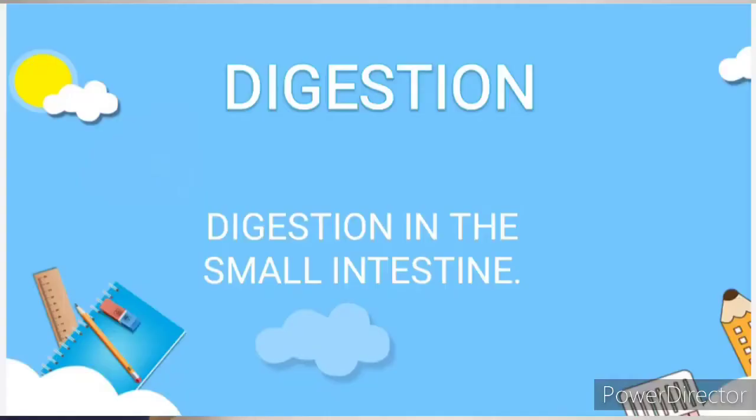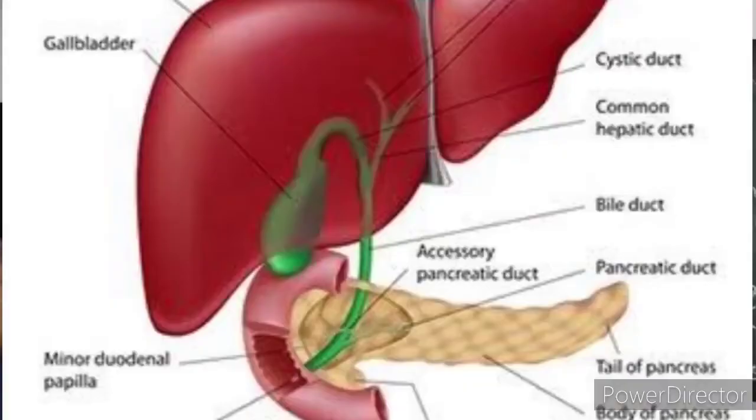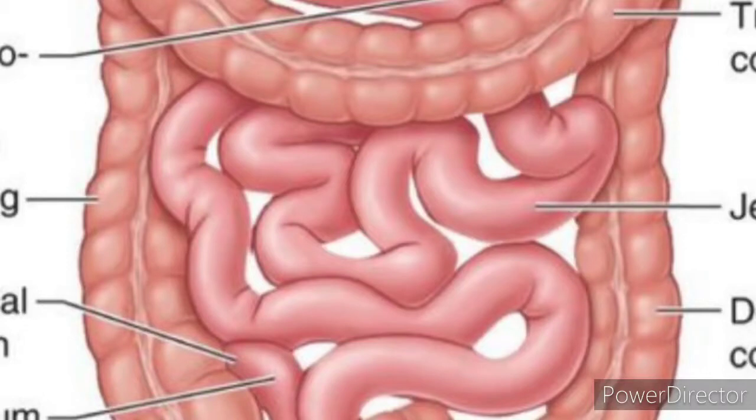After that, the food enters into the small intestine. Here the liver and pancreas produce juices. The remaining digestion is completed in the small intestine. Here the walls of the small intestine absorb the nutrients.